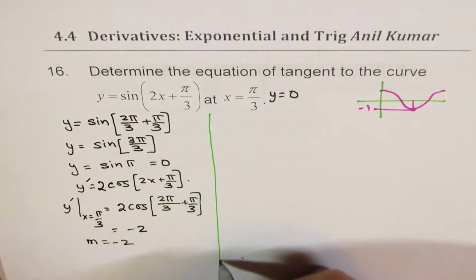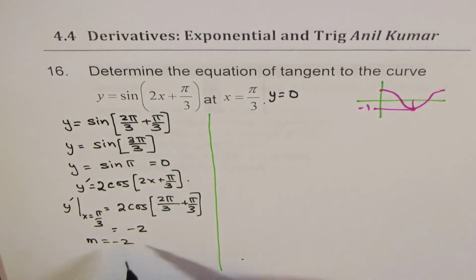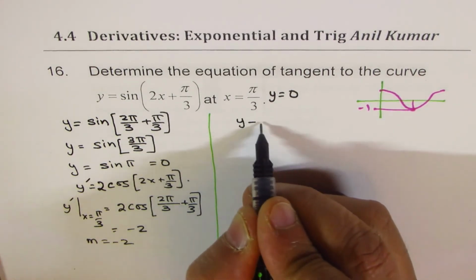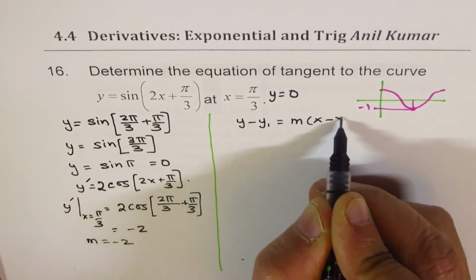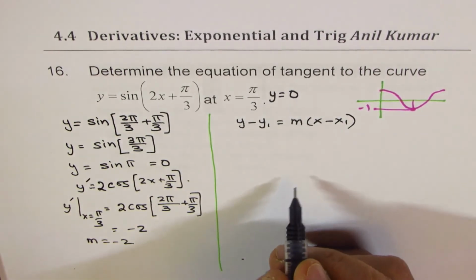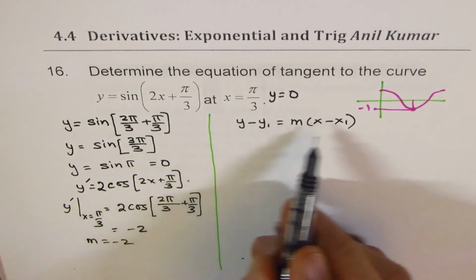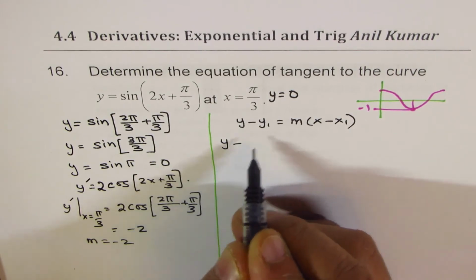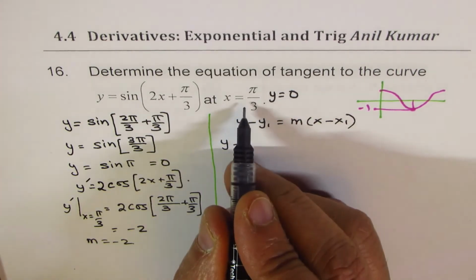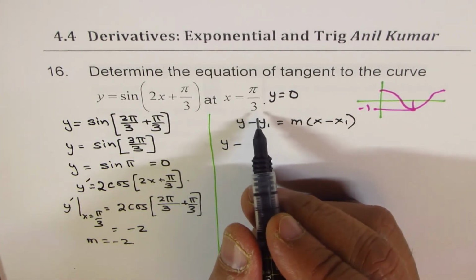Once we know the slope, we can say y minus y1 equals m times x minus x1. That's the linear equation given a point and slope. So y minus y1 is 0. You could also use the slope and intercept form.